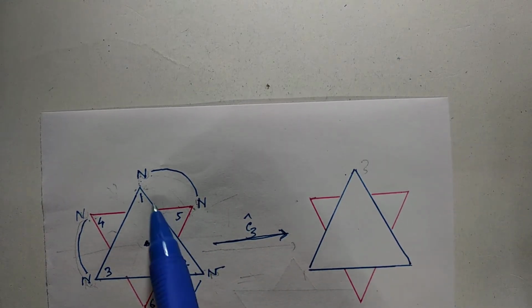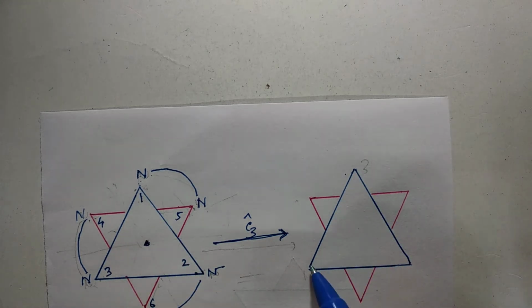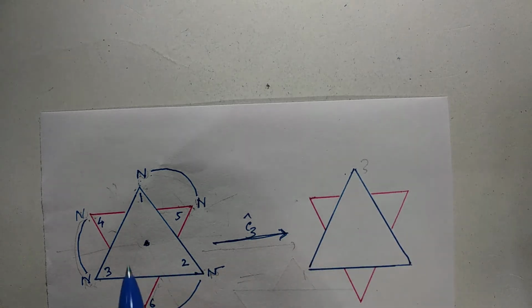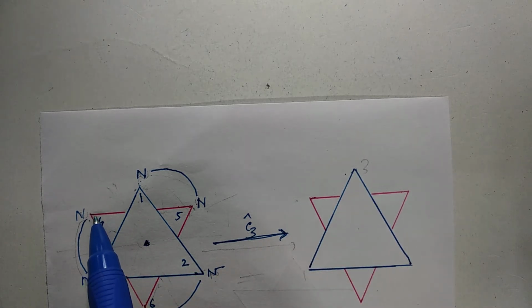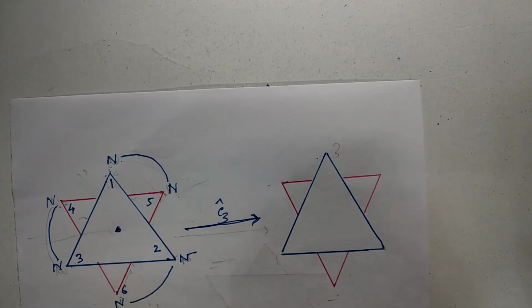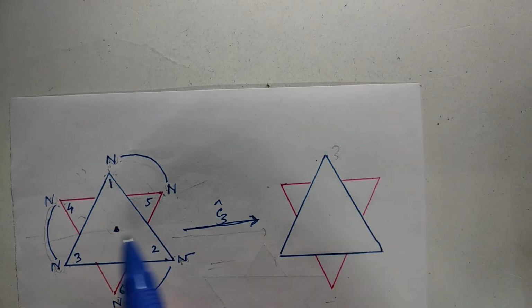What will happen? 1 will come here, 2 will go here, but this upper triangle will remain on the upper side of the octahedron, and the lower triangle indicated by red line will remain below the plane of the paper. But only the vertices will change their positions.